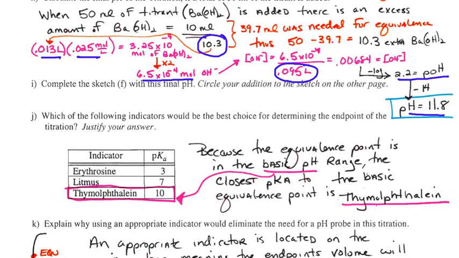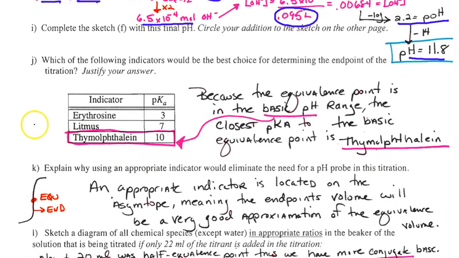So that's why I could not accept anyone saying, oh, it's 7. No good, I will not accept that. It had to be the one that was very much above 7, because since the halfway was about 7.5, you needed something definitely above 7, where the equivalence point would be. Okay, and so the only thing way above 7 was the thymolphthalein.